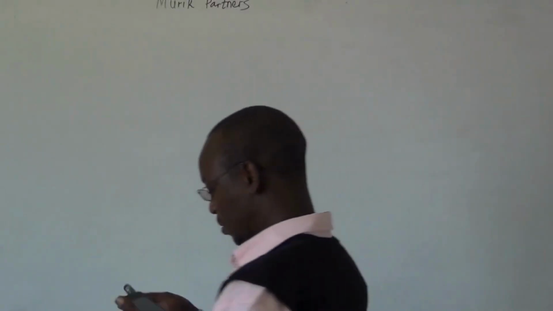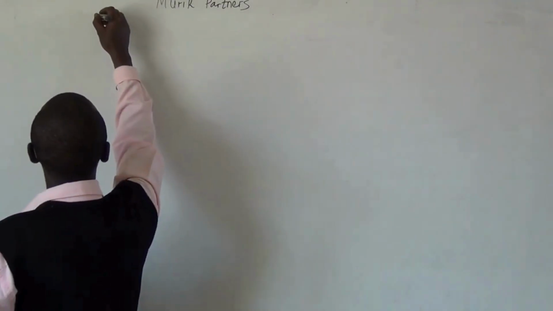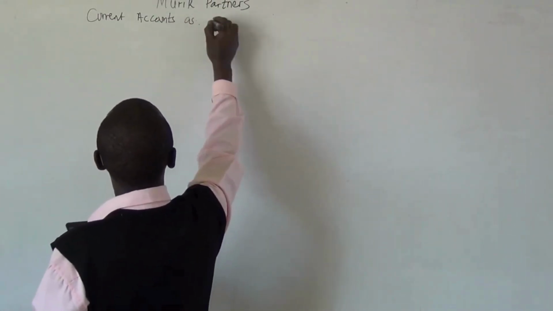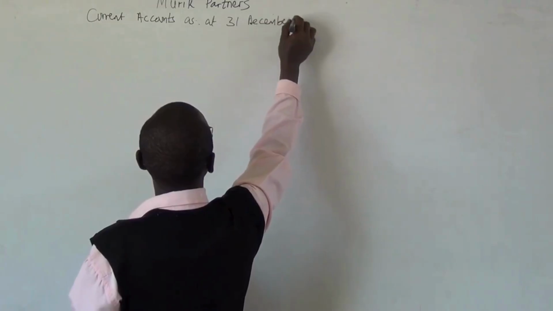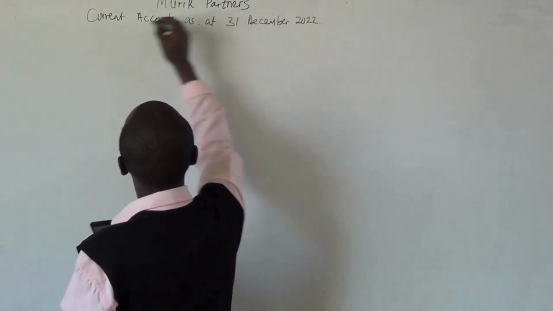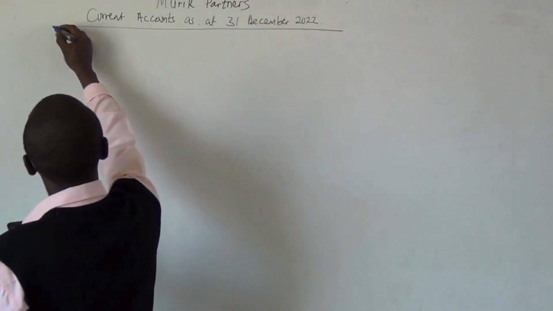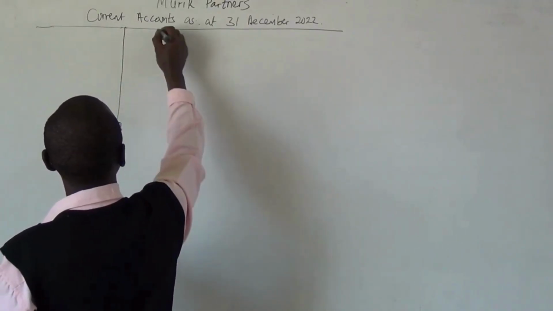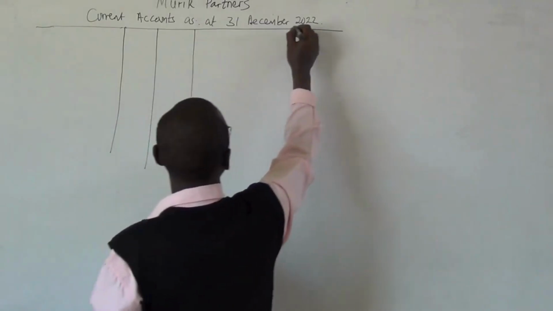The second part of the question is asking us to produce the partners' current account as at 31st December 2022. So I'll start there with particulars, Muri and Kami.